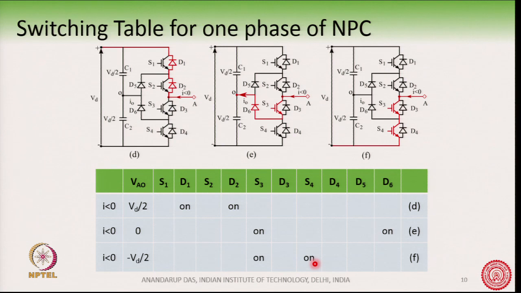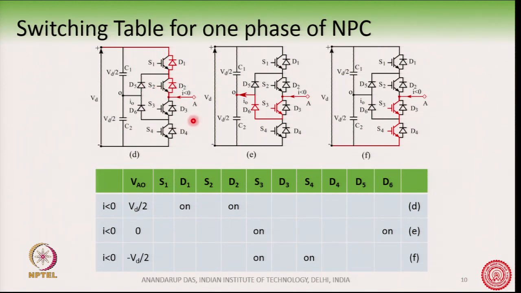So, summarizing, what can we say? If I want to get the voltage VAO to be Vd by 2, give pulses to S1 and S2.